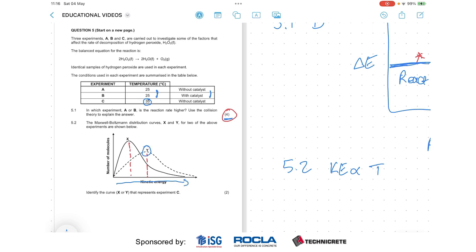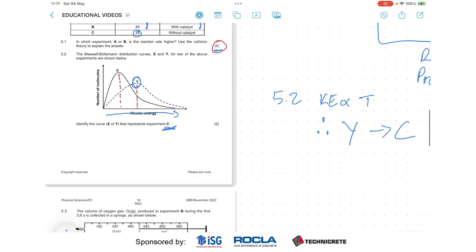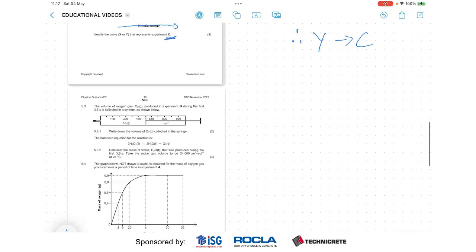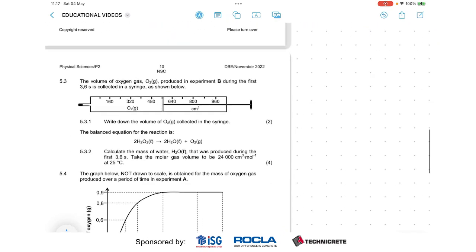So it makes sense that C would have a higher average kinetic energy and therefore is correlated to Y. So therefore Y is C. All right, let's move on to 5.3.